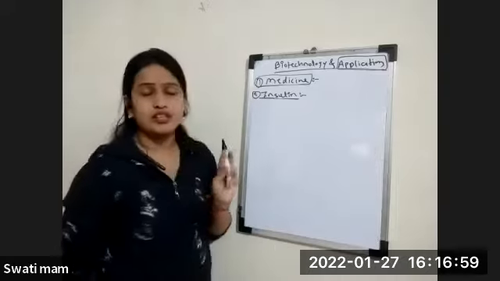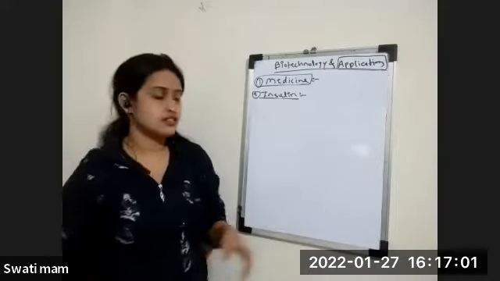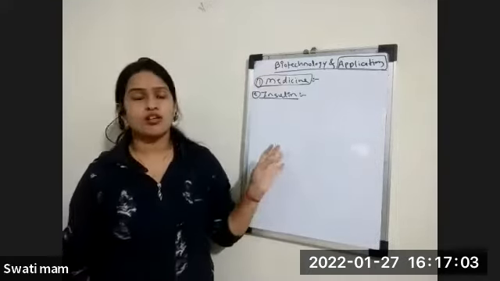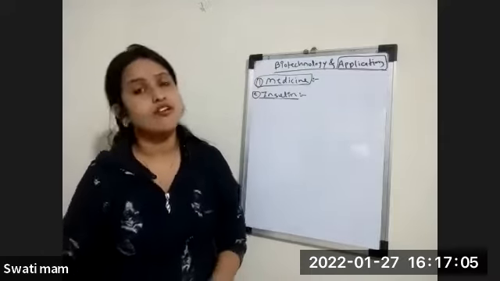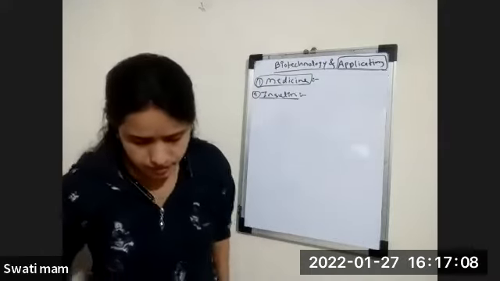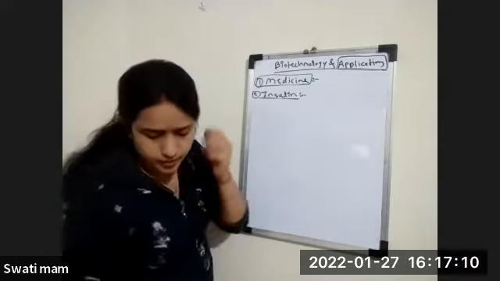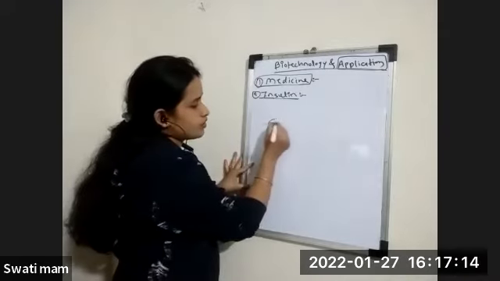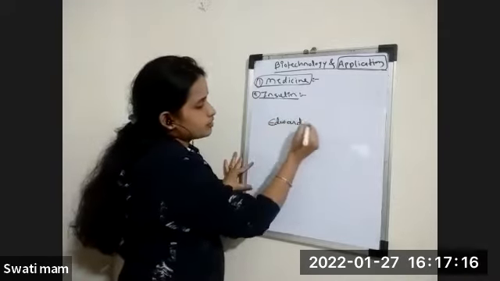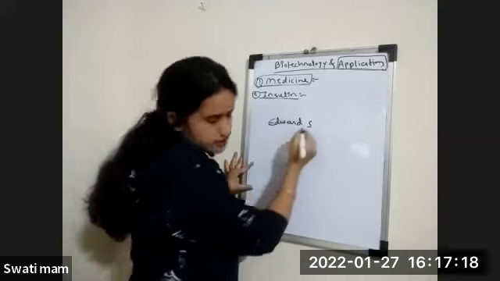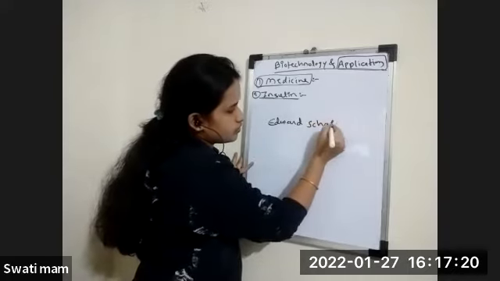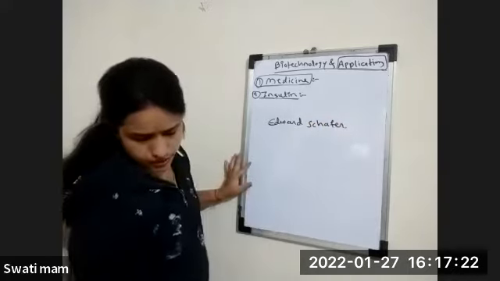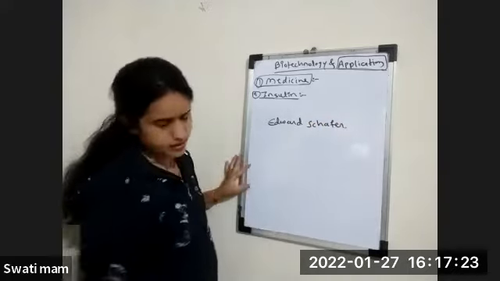Some scientists proposed this model, or this structure of insulin, and the name of that scientist is Edward Schafer, in the year 1916.